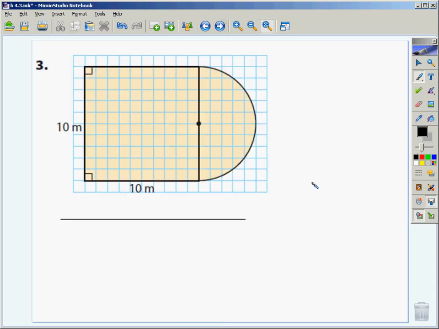Let's take a look at this one. Number 3. What two shapes am I putting together? A square. It is 10 by 10. This is a square. A square and a semicircle.